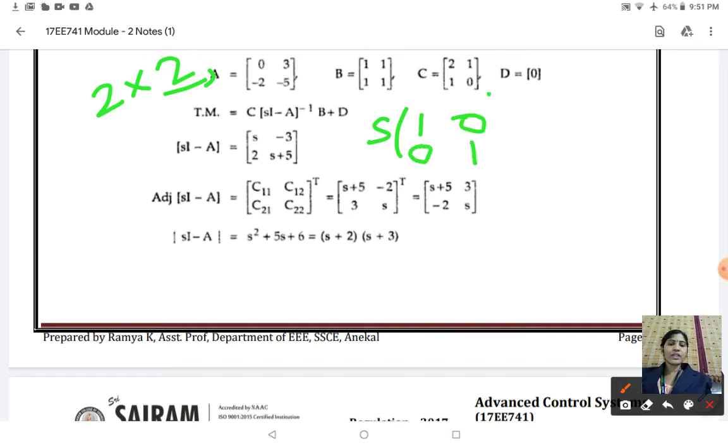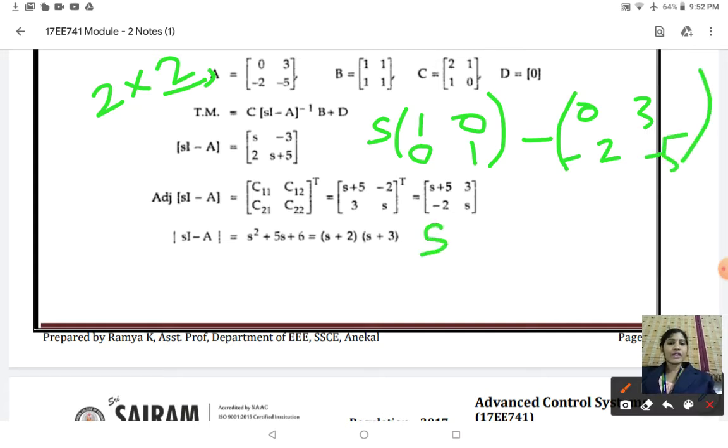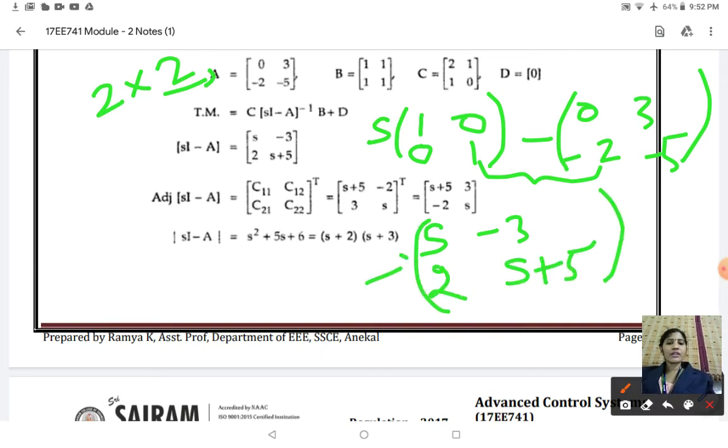We can write it as s[1 0; 0 1] minus the A matrix, which is [0 3; -2 -5]. So sI minus A is [s -3; 2 s+5]. This is the matrix representing sI minus A.